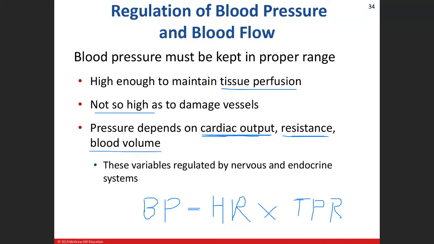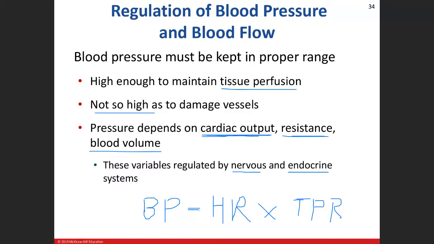And we haven't talked about it as much, but blood volume. If we're dealing with homeostasis, we have to have a receptor, a control center, and an effector. In this case, our control center is the nervous system and the endocrine system, which is the case in most of the homeostatic systems.